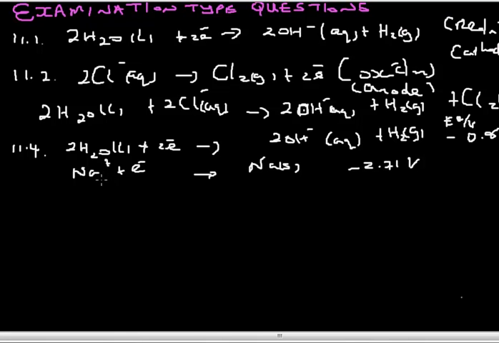So our sodium ion itself is a stronger reducing agent than water, and will not be reduced, so it will favor the backward reaction, right?